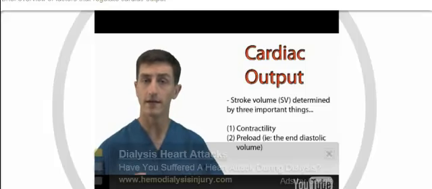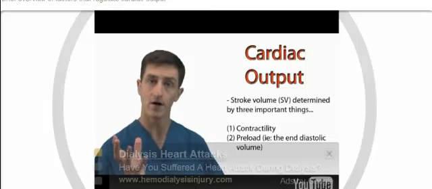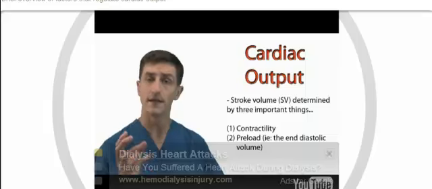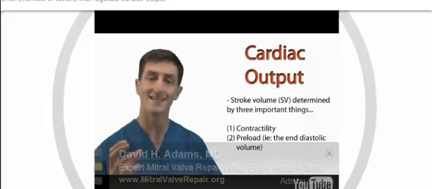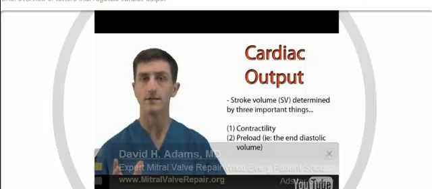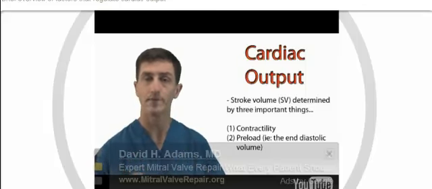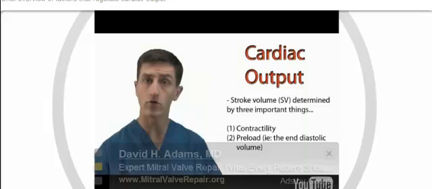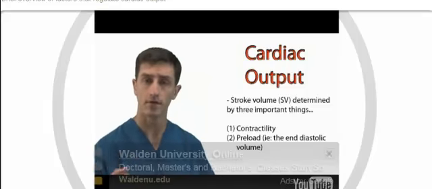Preload you can think of as the amount of blood that's sitting in the heart right before it contracts. Another way of thinking about preload is basically the end diastolic volume, or when the heart relaxes, how much blood flows into the ventricle to be pumped out. So if preload increases, there's more blood ready to be pumped out to the rest of the body. Stroke volume will increase and cardiac output will increase.